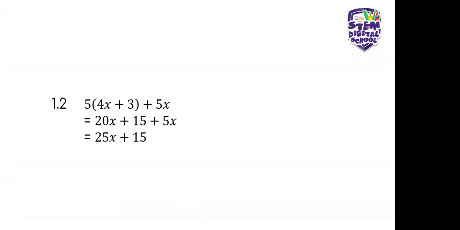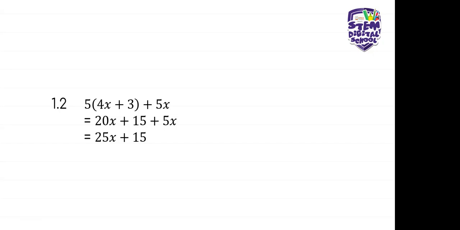And of course, you close the bracket there. And as Natalie said, 5 times 4 is 20. So you'll have 20x, and 5 times 3 is 15. So you'll have 20x plus 15, and then the other 5x remains as it is.